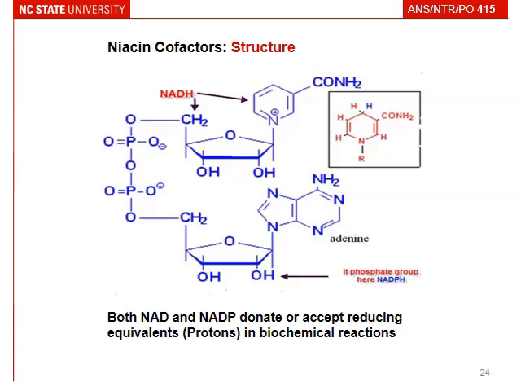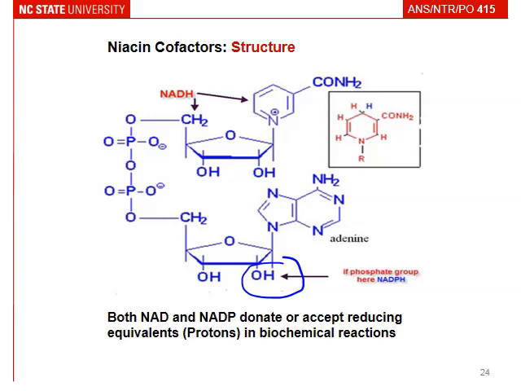So here we have the structure of NAD. You can see pretty big structure. That's one of the reasons why all throughout class we just refer to it as NAD. So you could see if we end up having a phosphate group down here, that's what's going to take it and convert it to NADP. And both NAD and NADP accept or donate protons in chemical reactions.